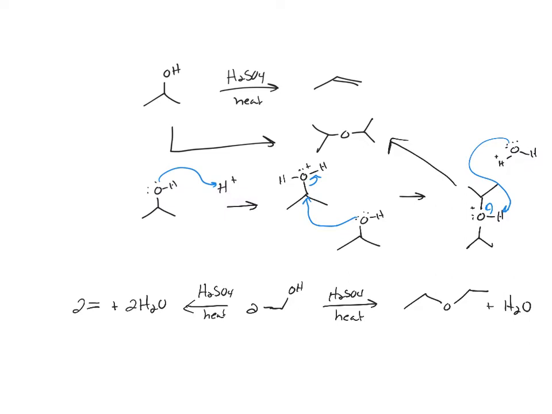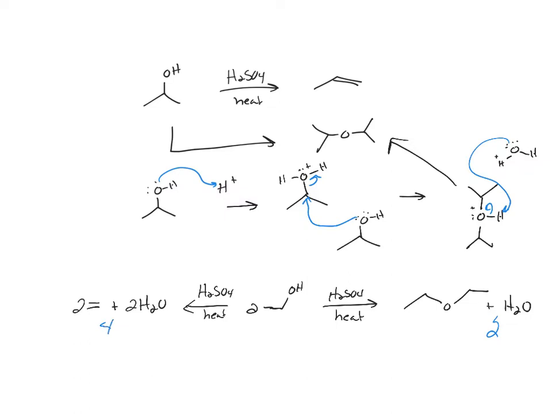What's the difference between those two reactions from what we know from exam 1 material? What's changing? What thermodynamic property is changing? How many molecules on the right side? 2. How many on the left side? 4.